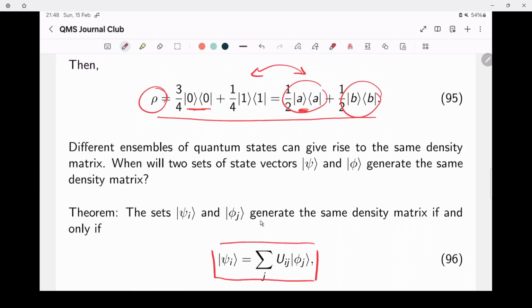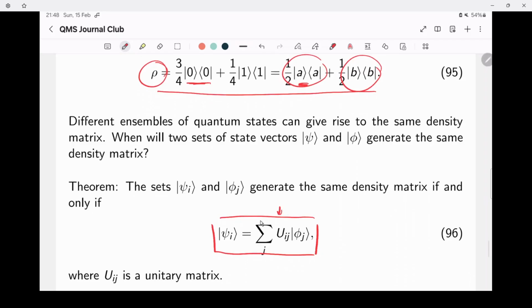They are actually the same. So they give you the same density matrix. So the way for you to see this is basically why it is related by the unitary matrix.